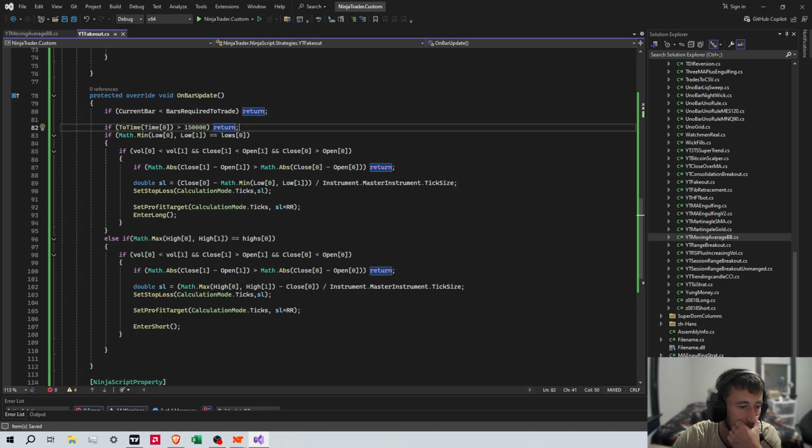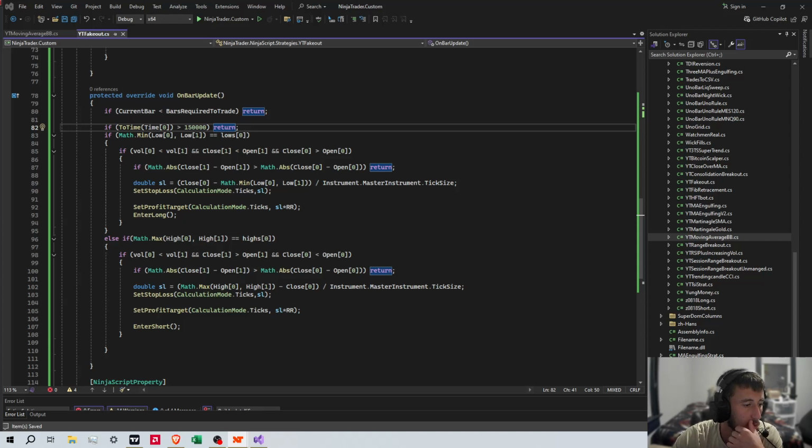The idea is that from here on out, we just won't trade. So we'll compile that, and if I did it correctly, yeah, blocked it all out. Let's see, little more profit, little less drawdown. So look at that, just like that, you made the strategy better.